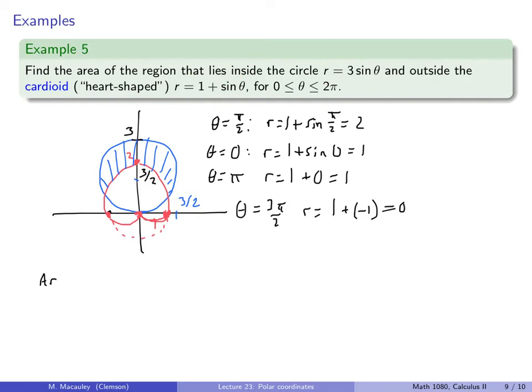So the area is 1/2, theta equals, oh, I don't know. So I'm going to leave this blank for now. R squared d theta.